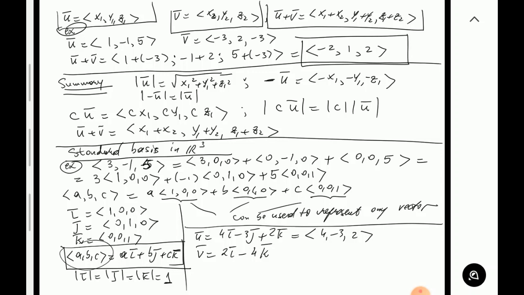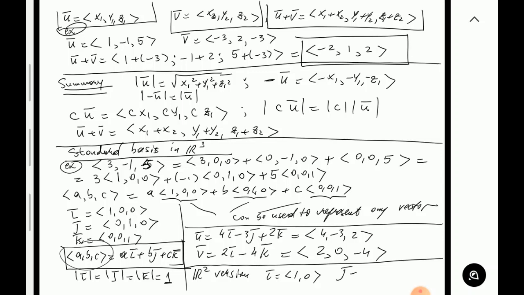That means j has the coefficient 0, right? So its component form is 2, 0, minus 4. I should also mention that the R2 version of the standard basis contains only two vectors, 1, 0 and 0, 1. There is no k vector. There's no third coordinate.